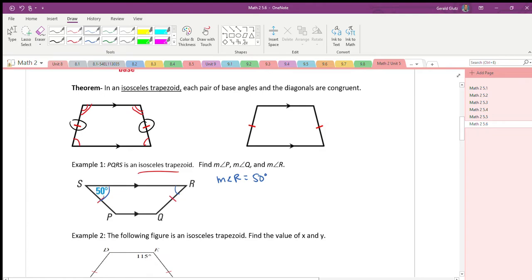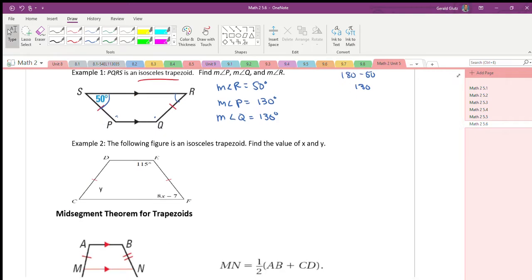So if this is 50 degrees, what would angle P have to be in order for them to add up to 180? Well, we could just do 180 minus 50 to get 130. So the measure of angle P has to be 130 degrees. And since these two are touching the same base, those two angles have to be congruent since it's an isosceles trapezoid. So the measure of angle Q would also be 130 degrees.